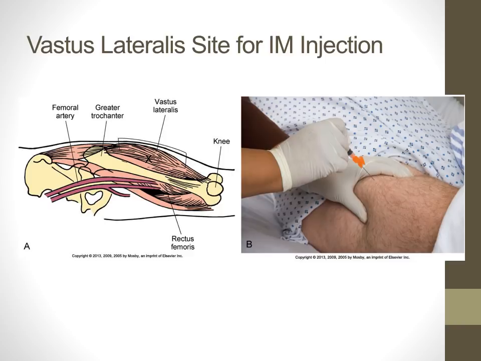Okay? For your vastus lateralis, the easiest way to locate this is to put the palm of your hand above the patella. You're going to put the palm of one hand above the patella, the palm of your other hand on the greater trochanter.